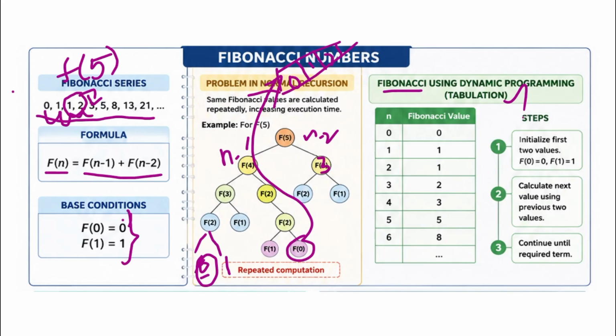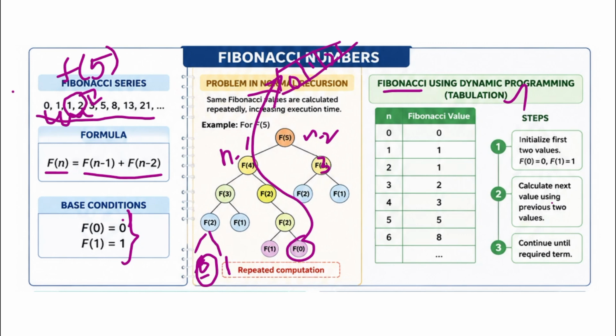Okay, in the program, the initial step is just to check whether the particular number is 0 or 1. If the number is less than or equal to 1, simply return the n value. Otherwise, if the n value is greater than 1, initially we store two base values inside the table. One DP table, a dynamic programming table, is maintained here.